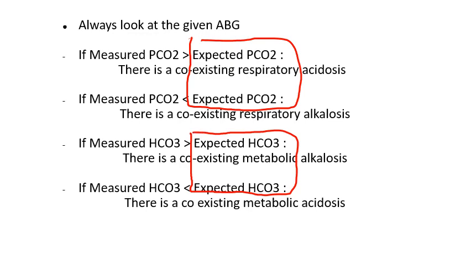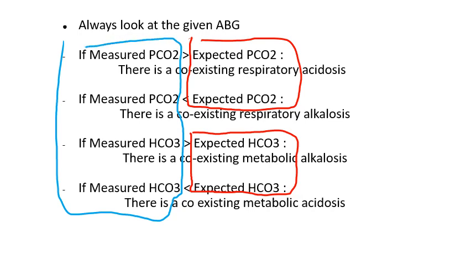And to get the values of measured PCO2 and measured HCO3, you just have to look at the ABG. So you have to do a little bit of calculation, and you have to see if the measured PCO2 is equal to, more than, or less than the expected PCO2, and if the measured bicarb is equal to, more than, or less than the expected bicarb.